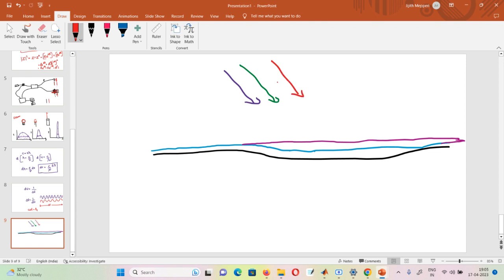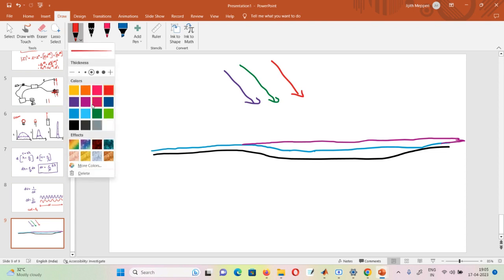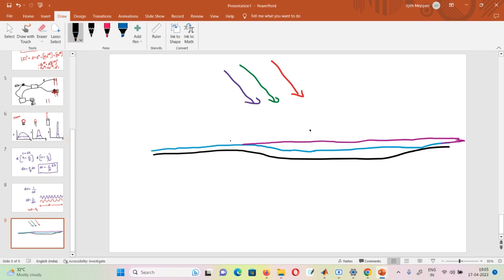Means it's white light that is coming, and what happened? There will be a reflection from the top surface of your sample. It's an oil layer, and there will be a reflection from the bottom surface of your thin layer.